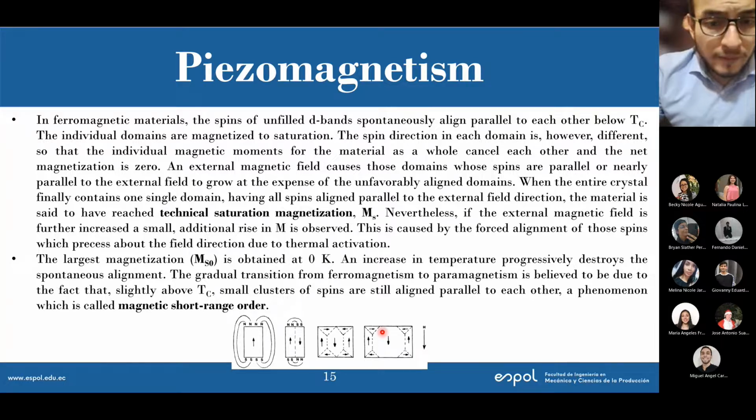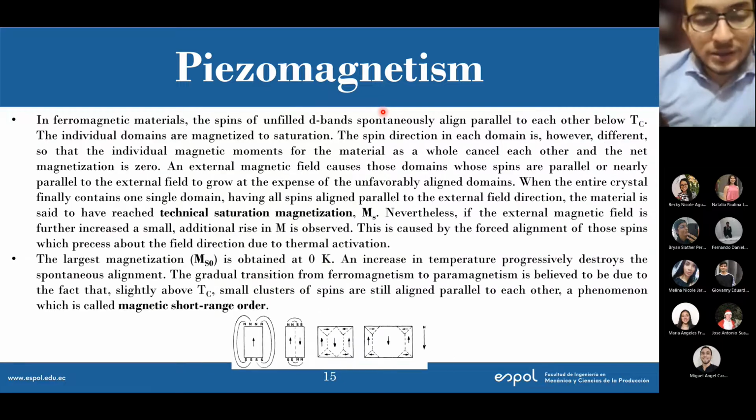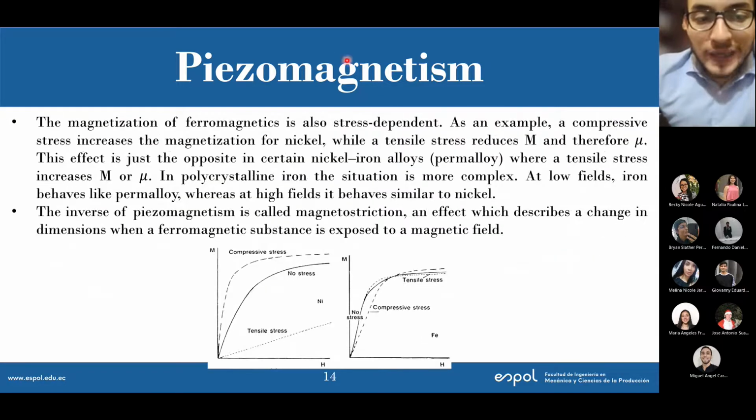Okay. I forgot, as I said, to go through this slide. I'm sorry. The magnetization of ferromagnetics is also stress dependent, and this phenomenon is related to piezomagnetism. But piezomagnetism, again, is just a subset, I would say, of ferromagnetism.